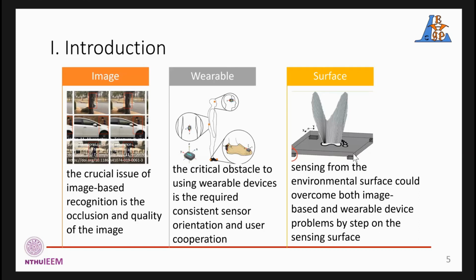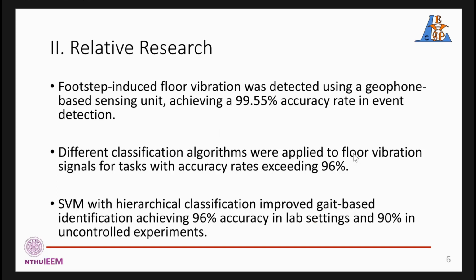And because the sensors are in the environment, people don't have to wear any device. Footstep-induced vibration has been studied by different research teams. They used geophones and reached around 99.55% accuracy in event detection, not identification. Using a different classification algorithm for floor vibration, accuracy reached around 96%. Using SVM with hierarchical classification also improved gait-based identification, achieving 96% accuracy in a lab setting and 90% in an uncontrolled environment.